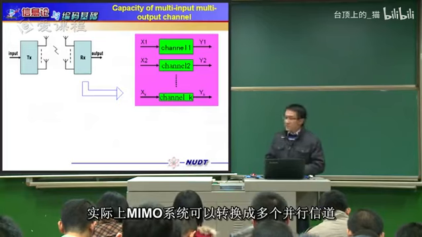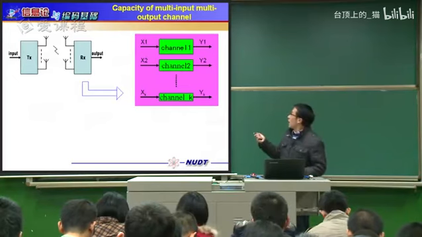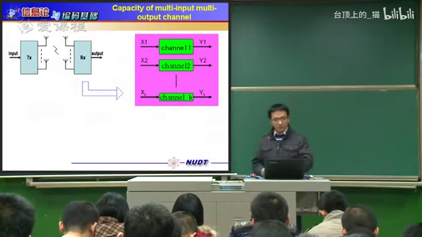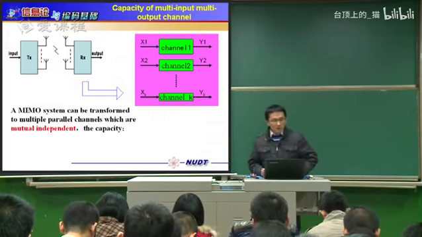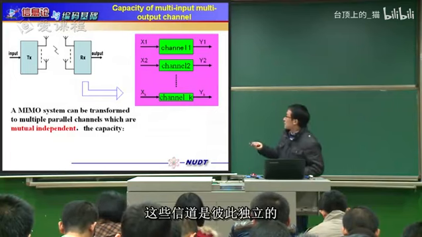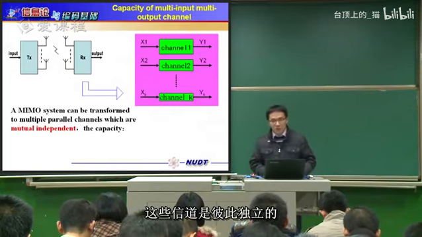Actually, a MIMO system can be transformed into multiple parallel channels. And these multiple parallel channels are mutually independent.